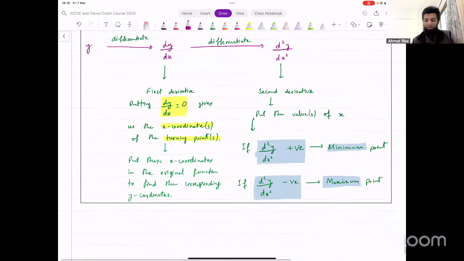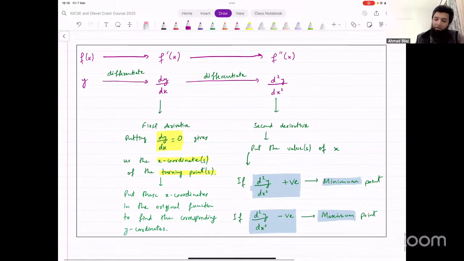Okay, so this is what we have done. You would have a function given. If you have to find the stationary points and their nature, so if you have to find stationary points and also figure out if those stationary points are maximum or minimum, this is the process that you follow for that.